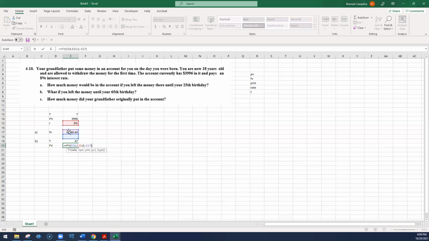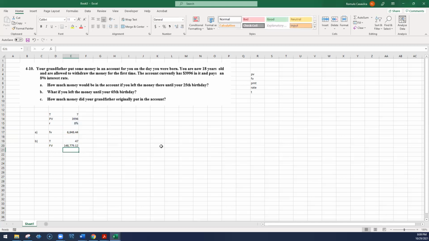Same rate, same present value, and then this is the rate. 47 years.